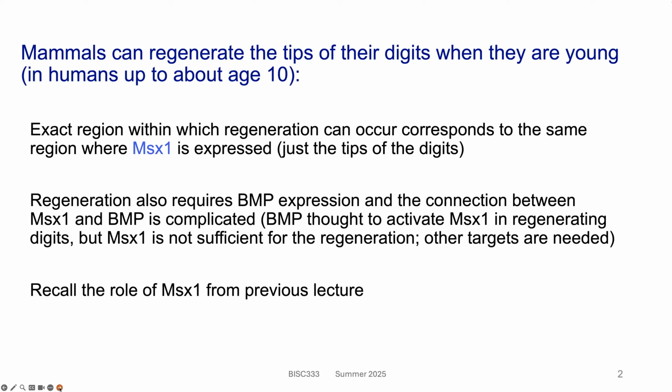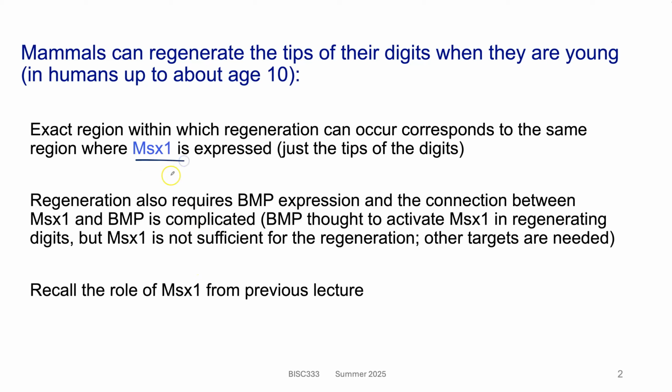And it turns out, experimentally, I don't know that they've necessarily done this with little kids, but it appears that the region where regeneration can occur is the same area where the MSX1 gene is being expressed.